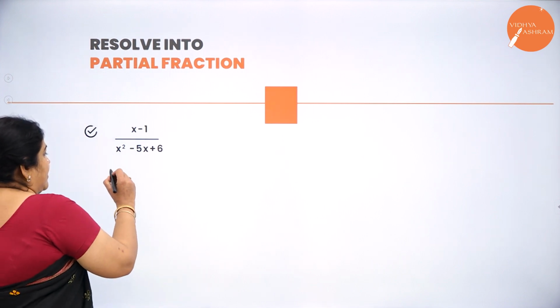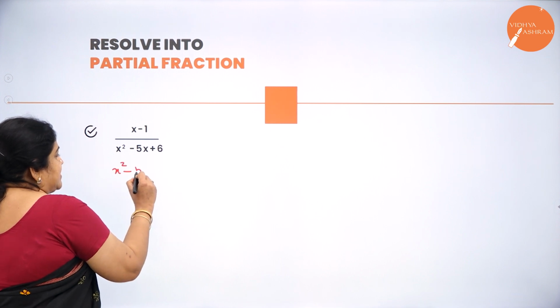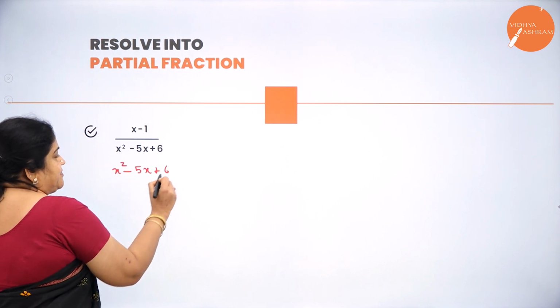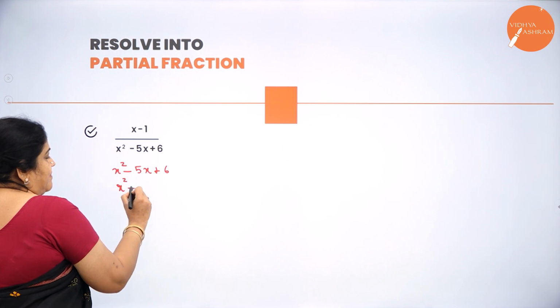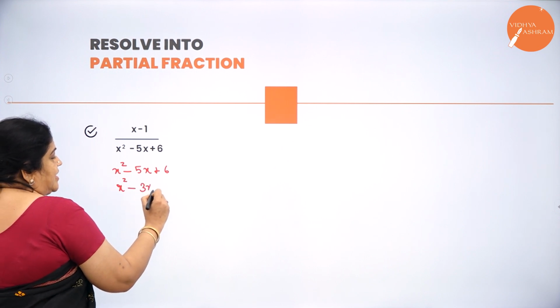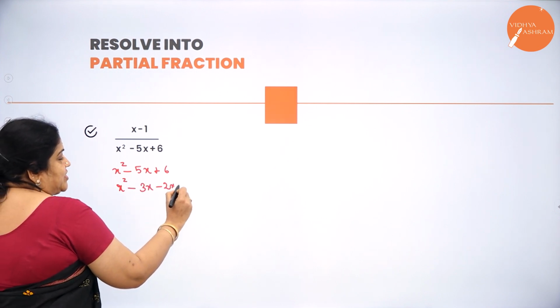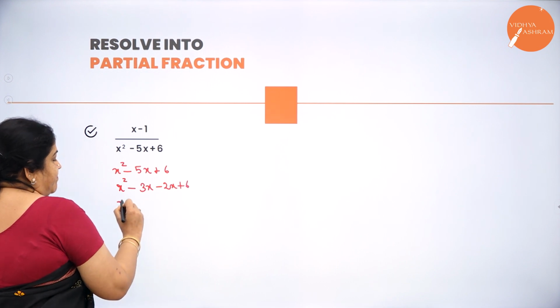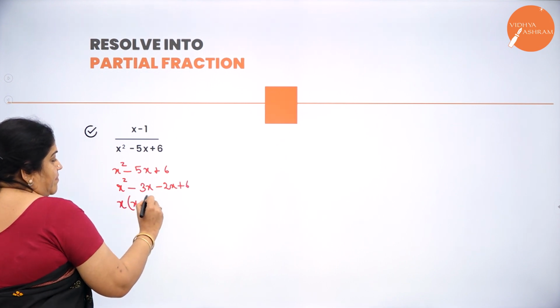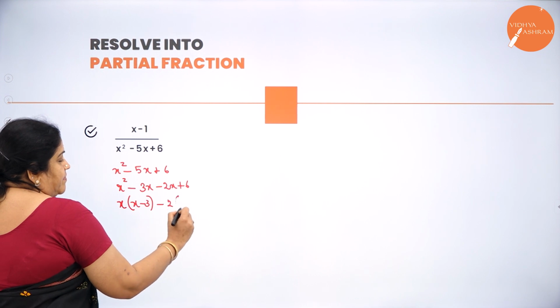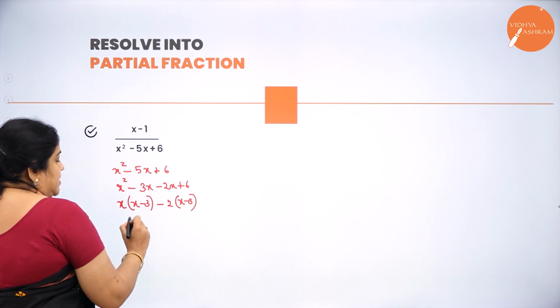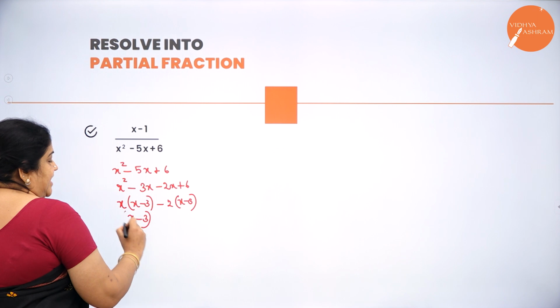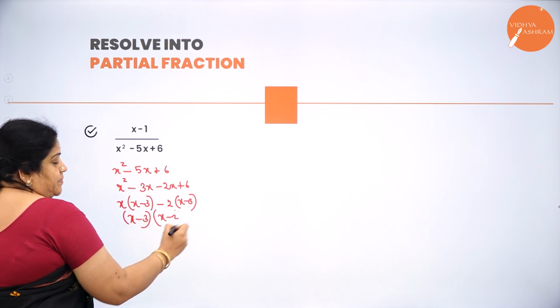So, x square minus 5x plus 6 will be split as x square minus 3x minus 2x plus 6, so it is x minus 3 into x minus 2.